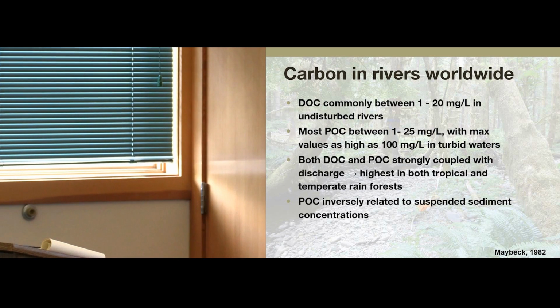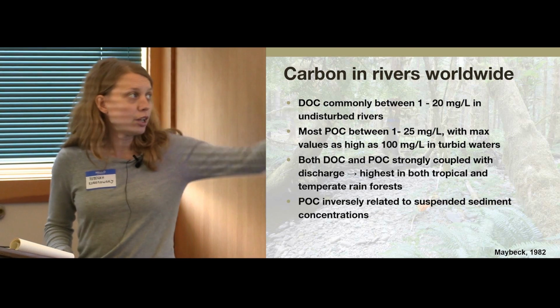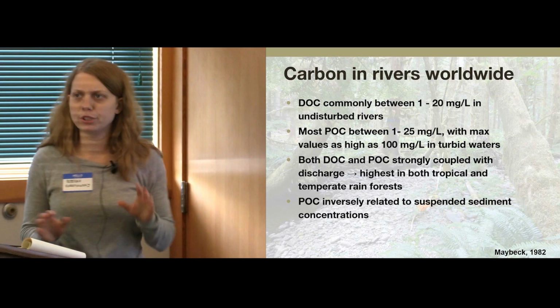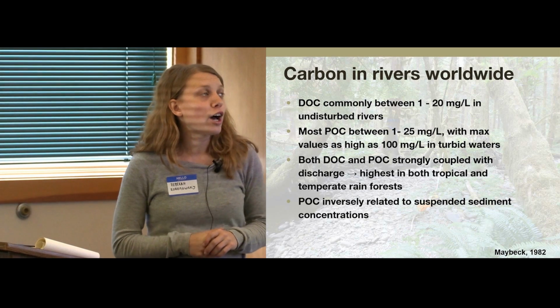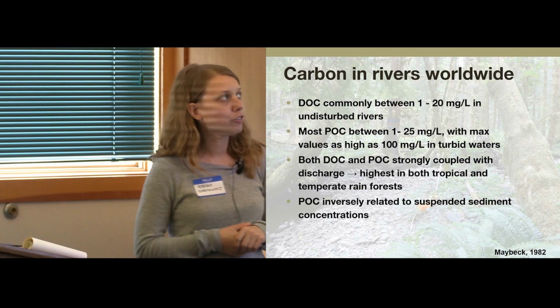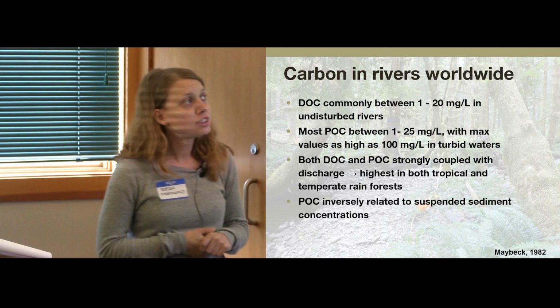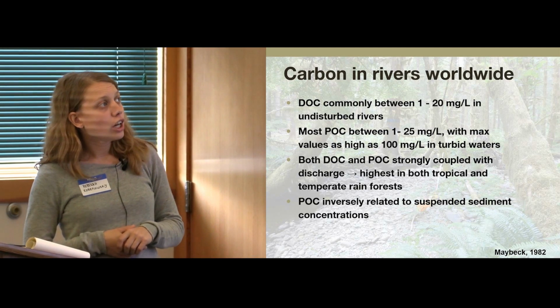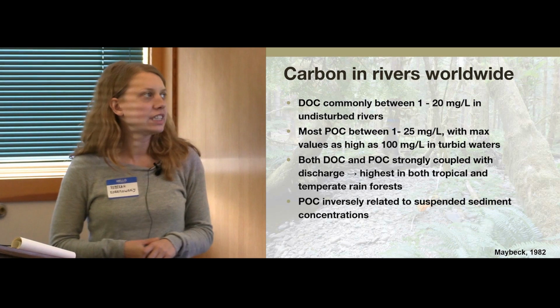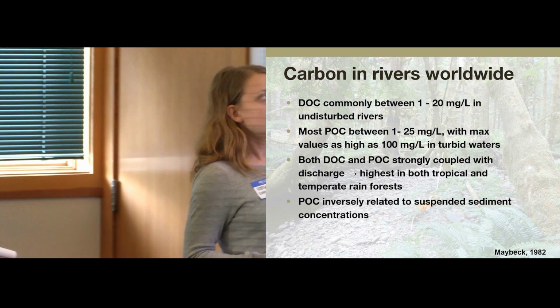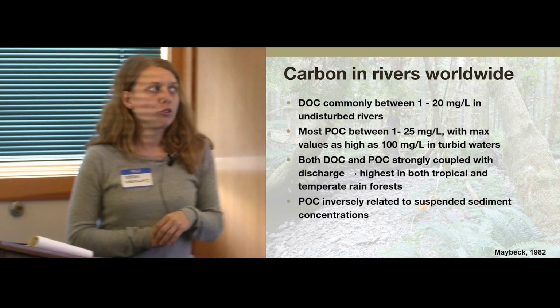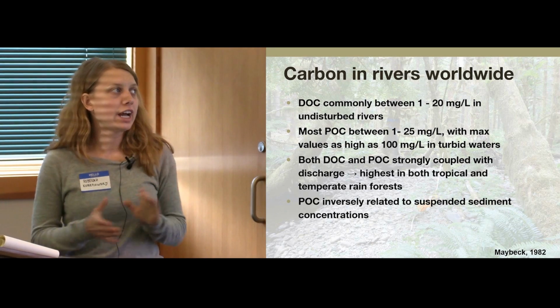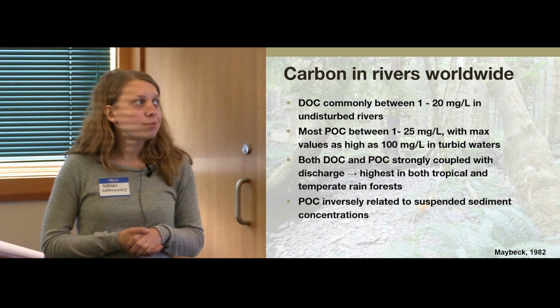Carbon, so DOC, dissolved organic carbon, and POC, particulate organic carbon, I'll use those abbreviations occasionally here. Between 1 and 20 for the dissolved, and 1 to 25 for the particulate. But particulates, depending on how turbid the water is, can have a very high variability.